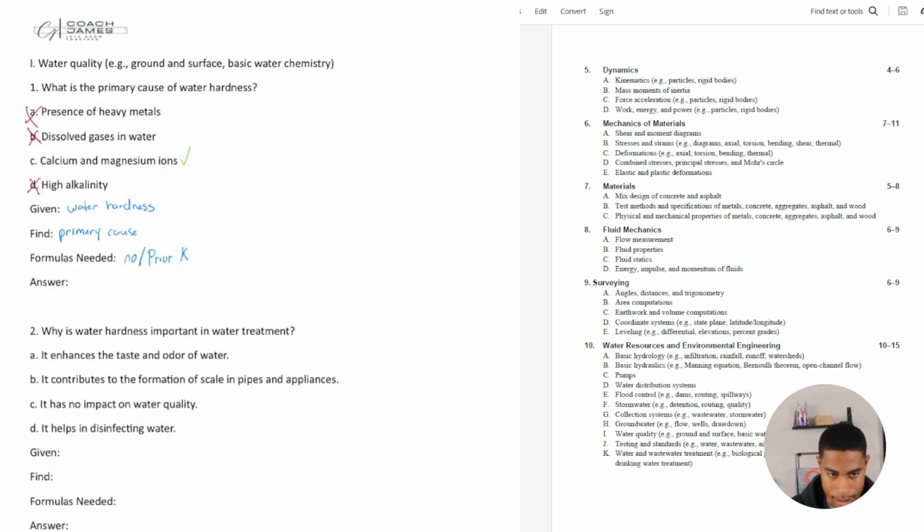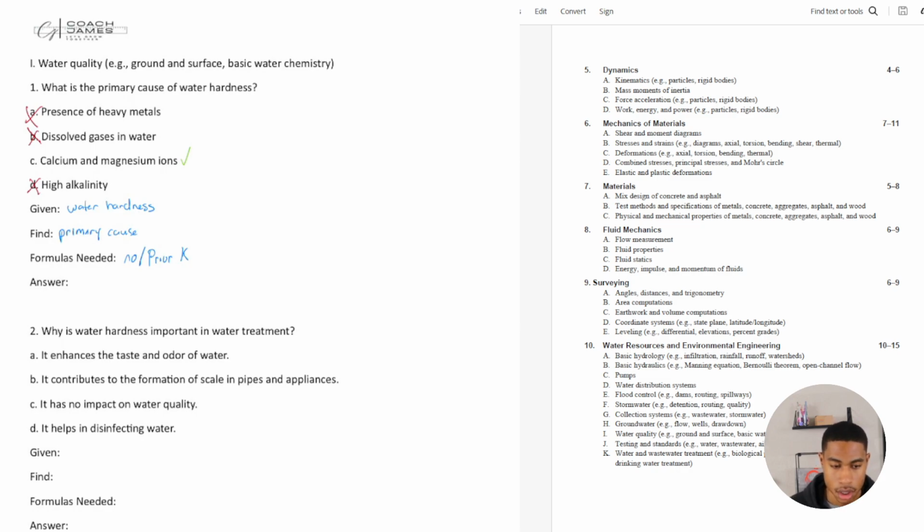It's calcium and magnesium ions. And it's really important because these ions are able to create scale in your pipe. You'll notice that your runoff water, or just water that's trying to get treated, is coming through your pipes, and the pipes will collect some of that and get dirty, and that's the scale that I'm talking about.